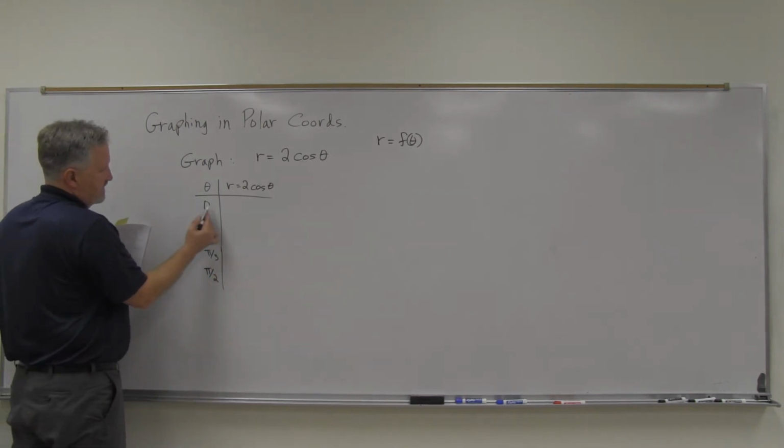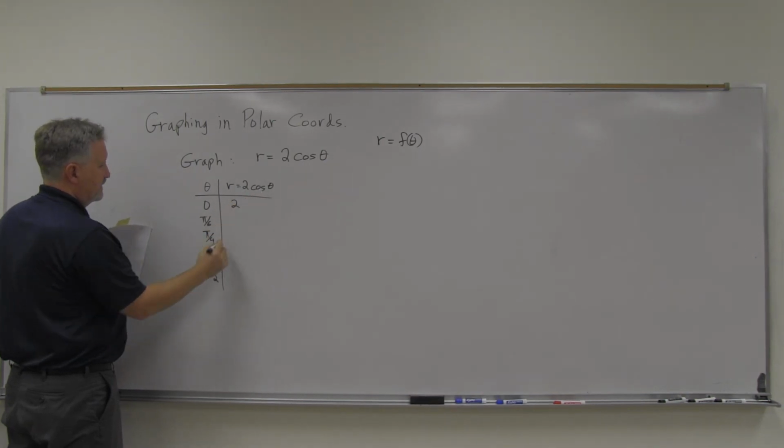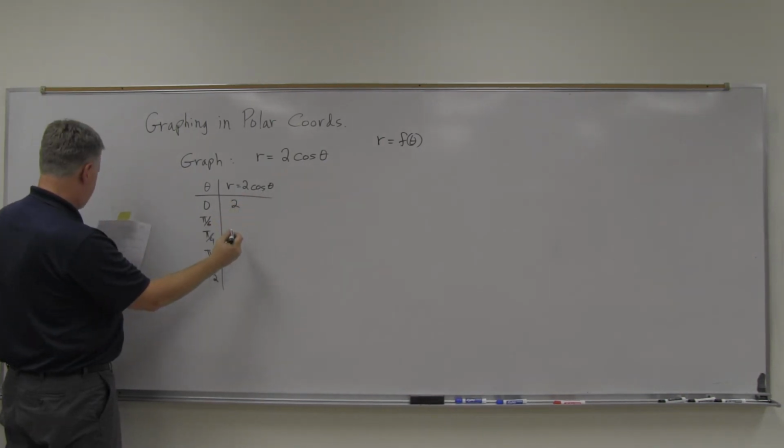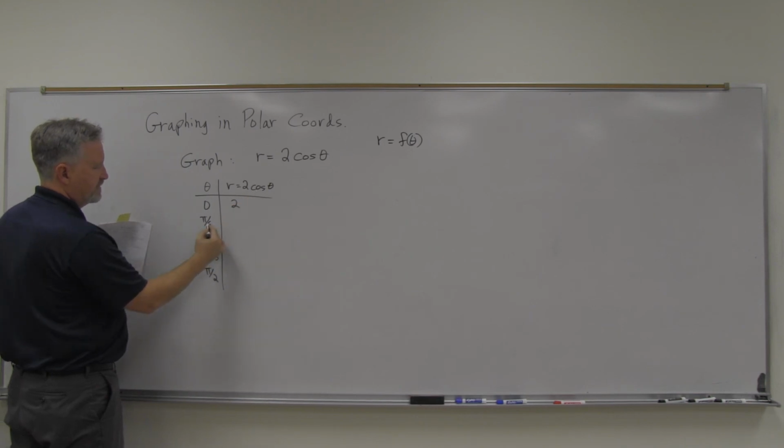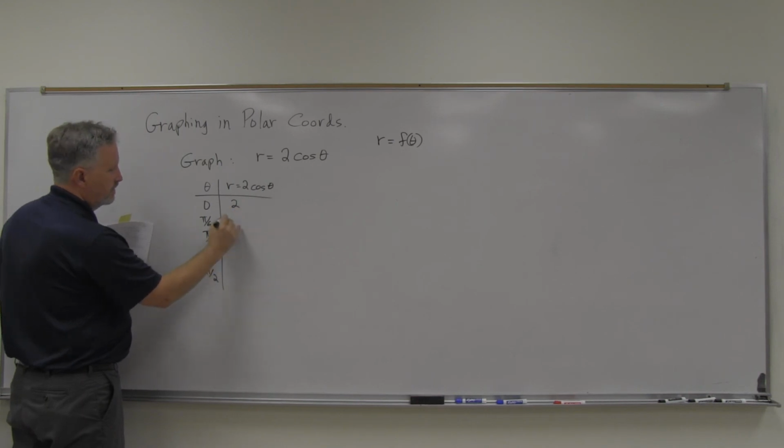So that one's easy. Theta is 0, so that would be 2 times 1, right? 2 times cosine of pi over 6. Cosine of pi over 6 would be the square root of 3 over 2, so 2 times square root of 3 over 2, yeah, the square root of 3.